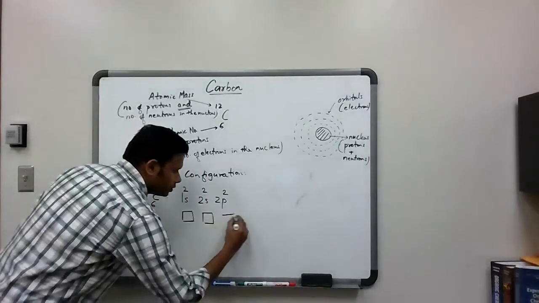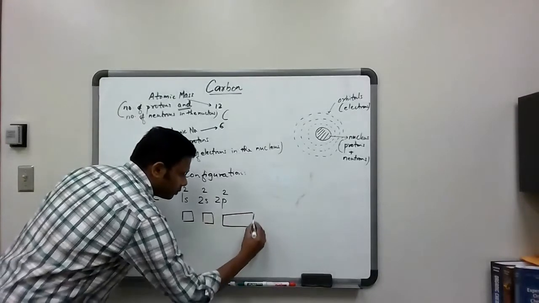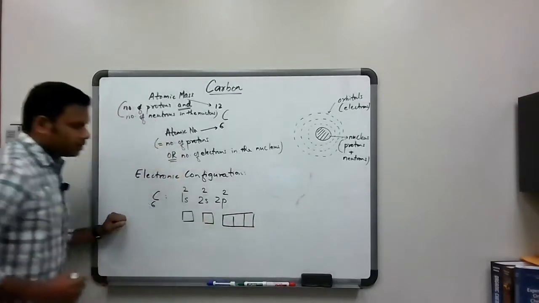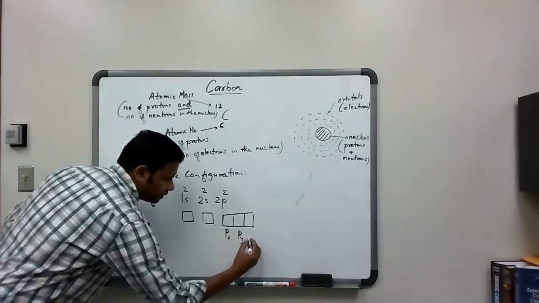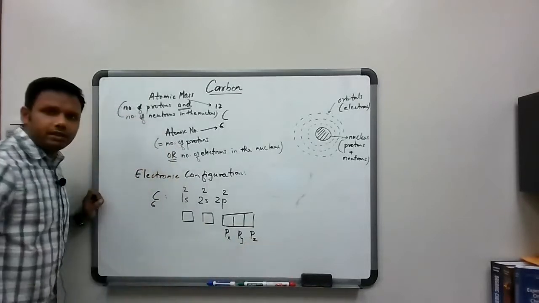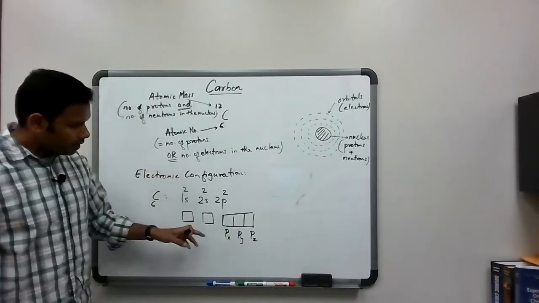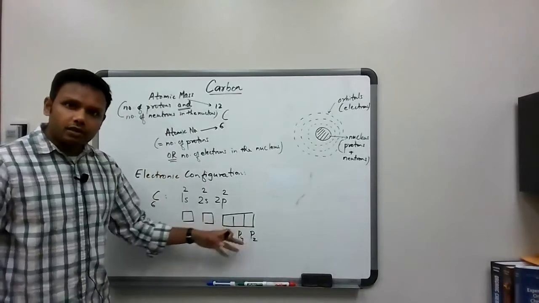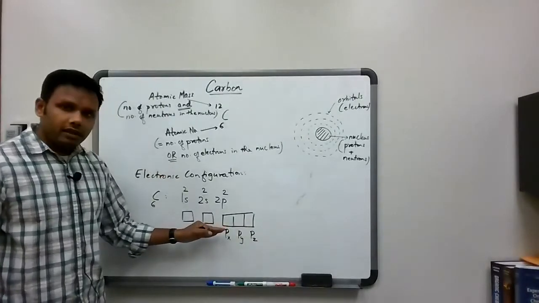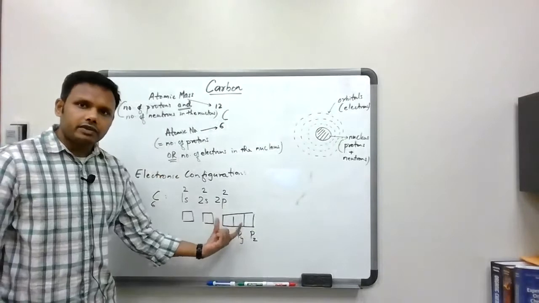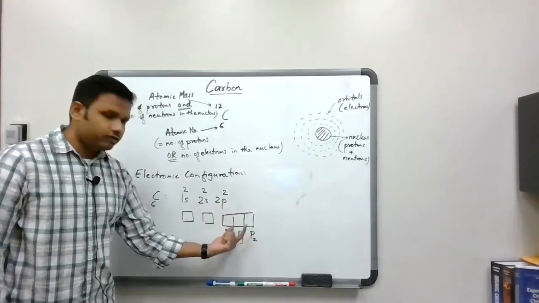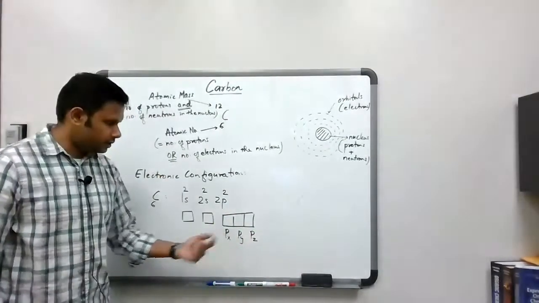So the 2p has 3 orbitals: a px, a py, and a pz. All of these are 2p orbitals, and they are degenerate. That means they all have the same energy.